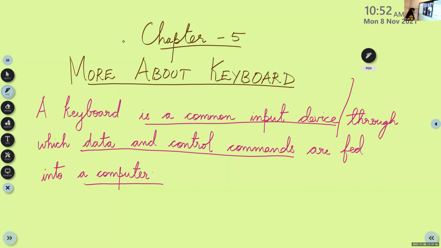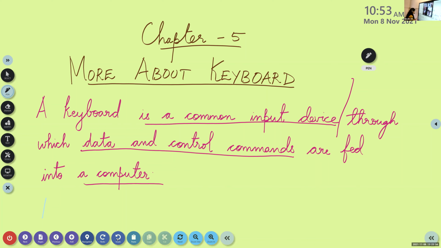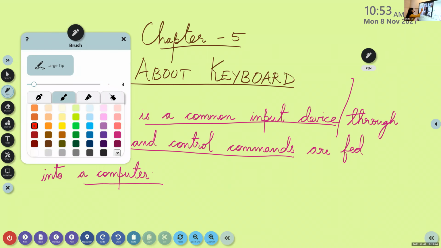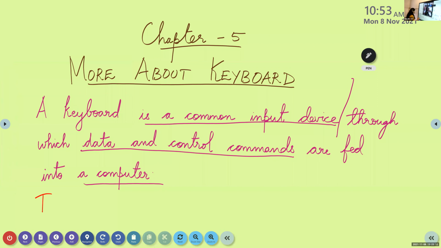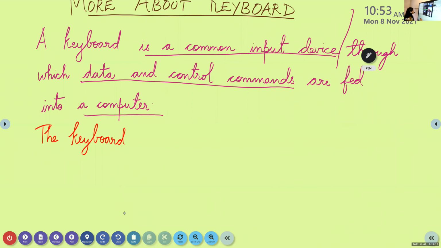In the next line, please write: the keyboard is made of several.